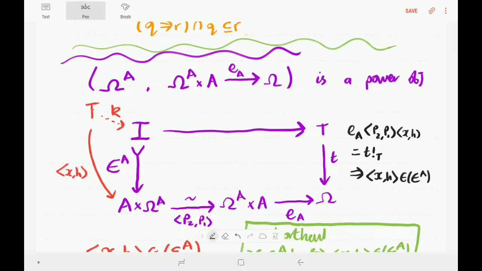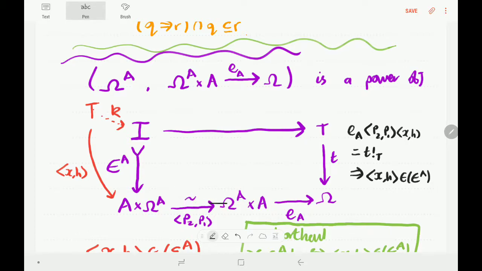So this is pretty cool. We'll see what this means in a minute. But the basic thing is that we have this arrow, which is ∈ to the power of A, and basically this is the pullback of true along this evaluation arrow of the power object.